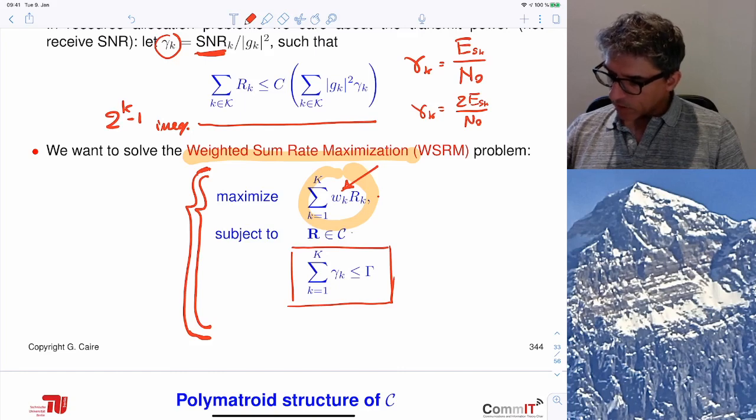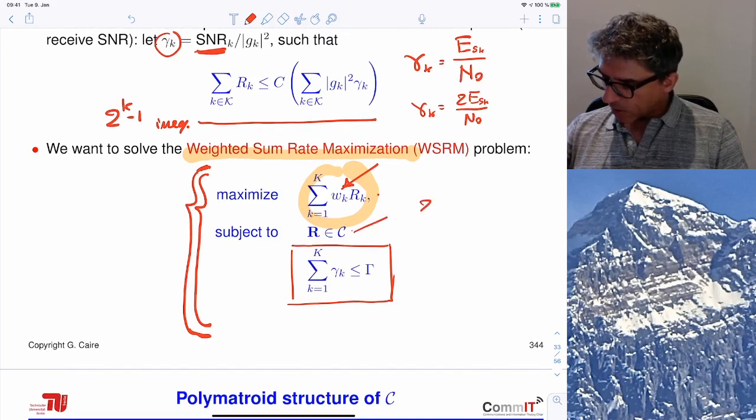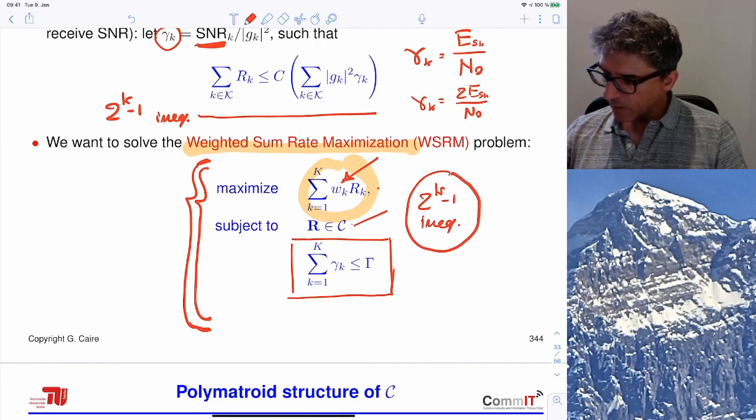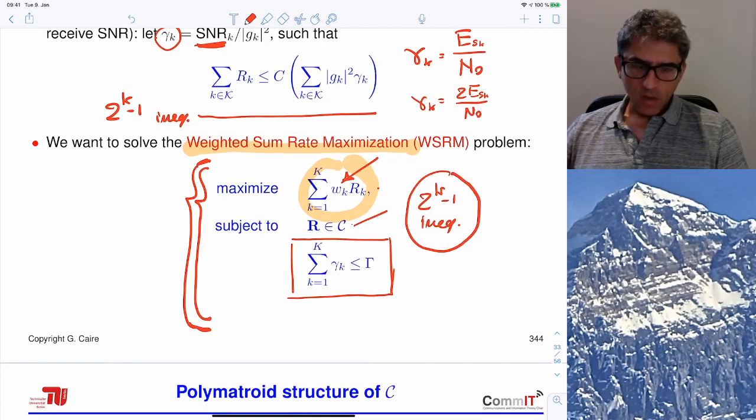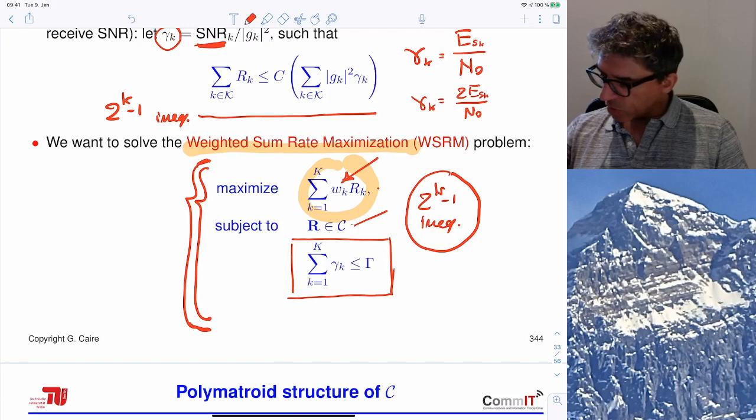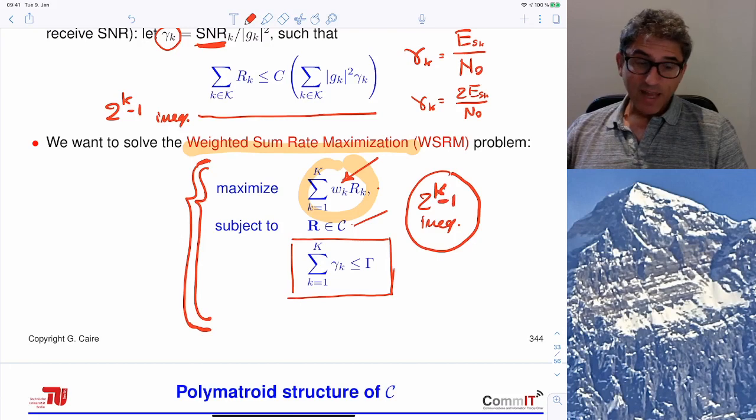Because this region C is constrained by 2 to the k minus 1 inequalities. So we have an exponential complexity in the number of constraints, which makes this problem very difficult to solve from first principles, say by using a general solver, for the simple reason that if I have, for example, 30 users, this region is defined by 2 to the 30 minus 1 inequalities, and you see immediately that even describing this region exhaustively is impossible, right?